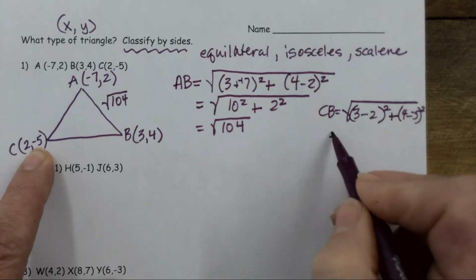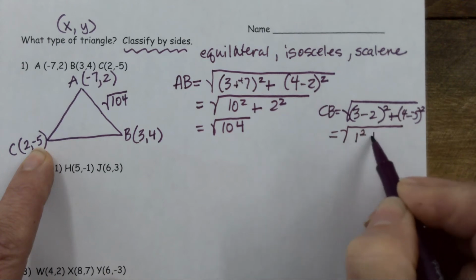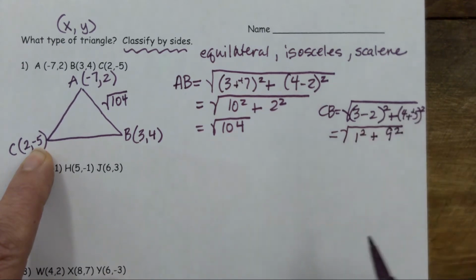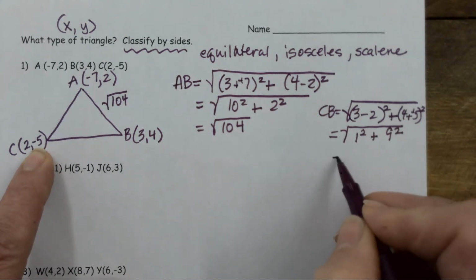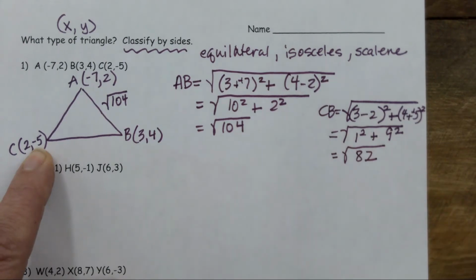And again, go through and do the math. 3 minus 2 is 1 squared plus, that would be plus positive 9 squared. And when I do that math, I get the square root of 82.